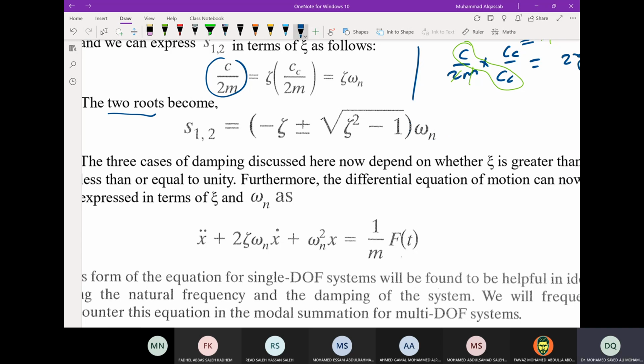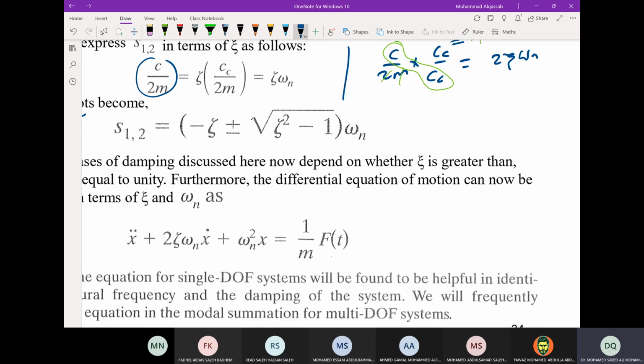And as you can see, instead of finding C and dividing by Cc, you can determine that the roots are real, which will lead to overdamped, or they are imaginary, which will lead to underdamped, or repeated, all from zeta.